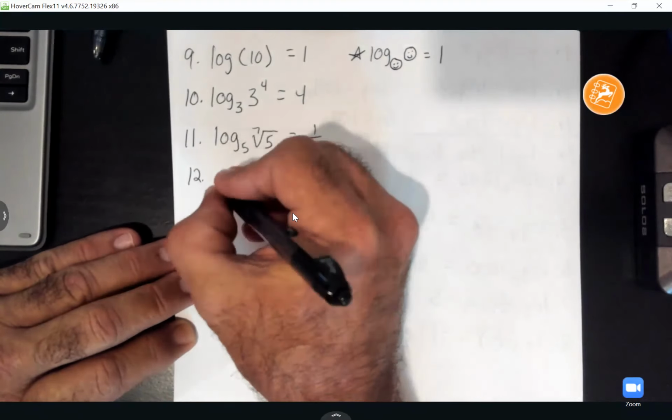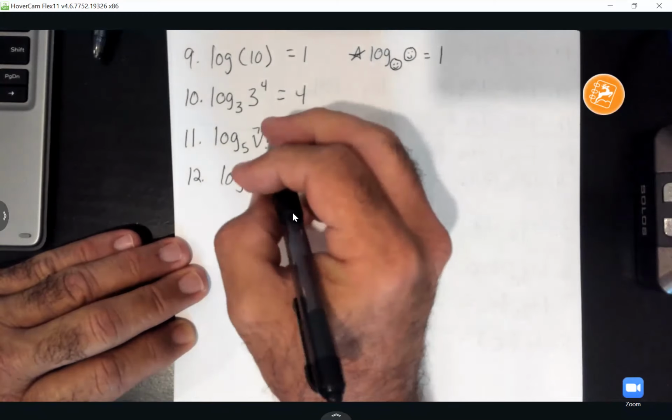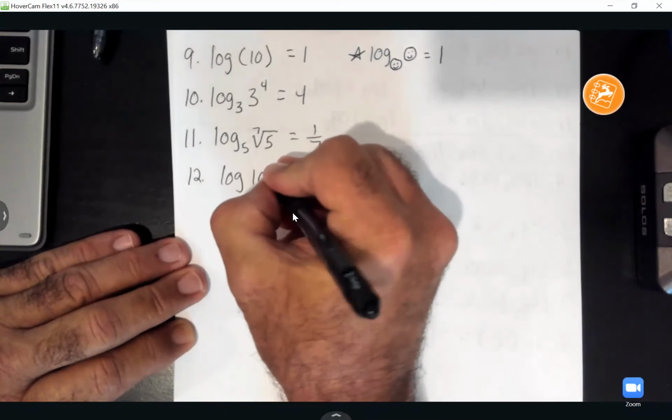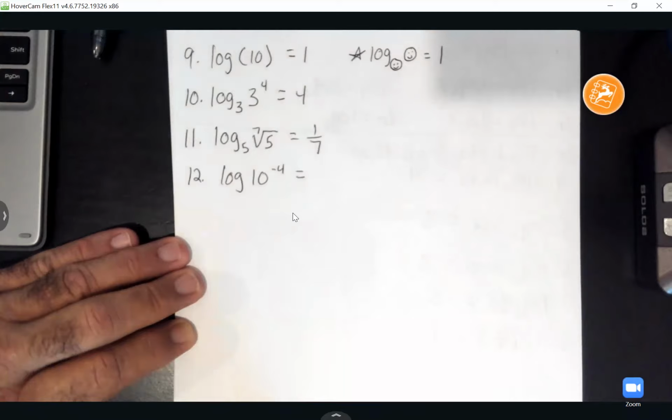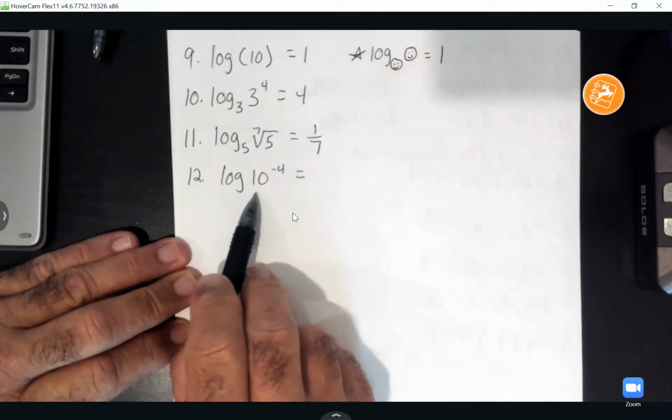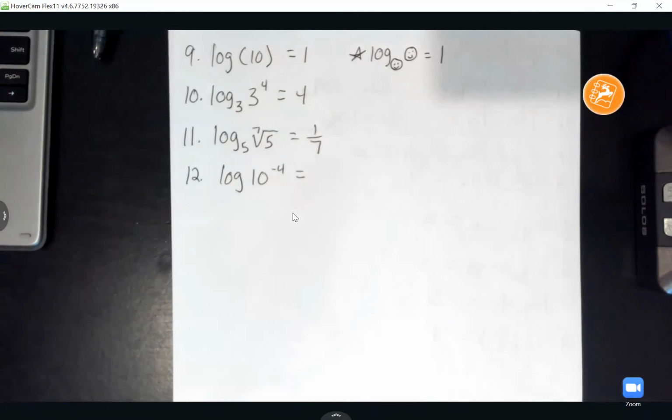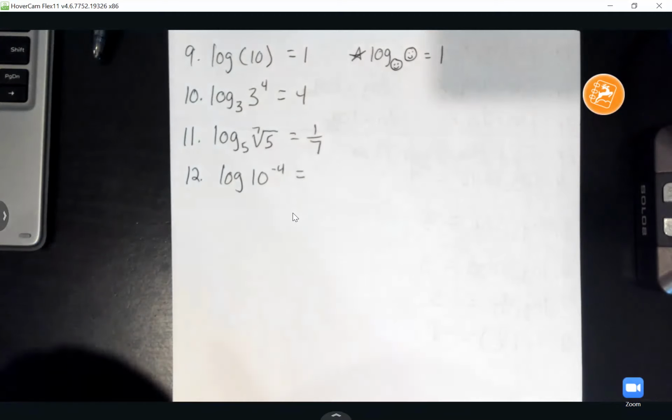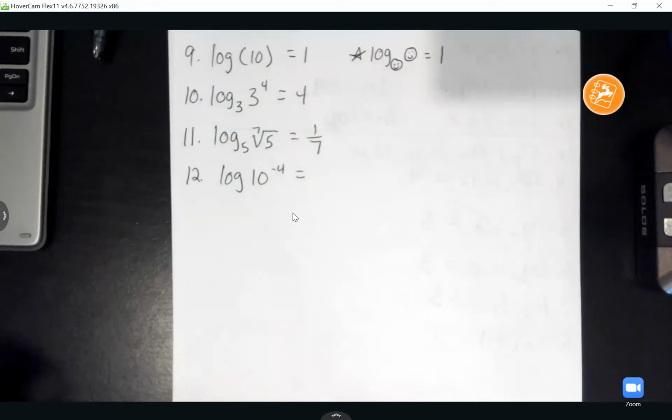All right, y'all, this one has log of 10 to the -4. Now remember, this one don't have a base, so we can use the log on the front of the calculator. But what exponent would I raise that 10 to turn it into a 10 to the -4th?